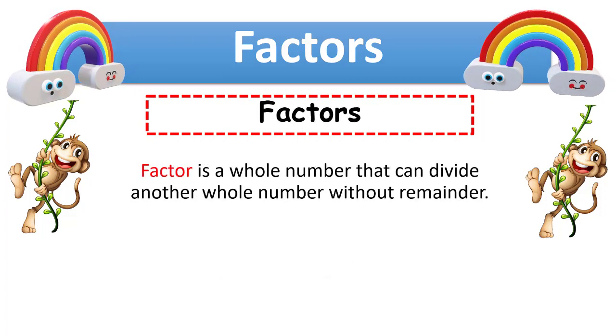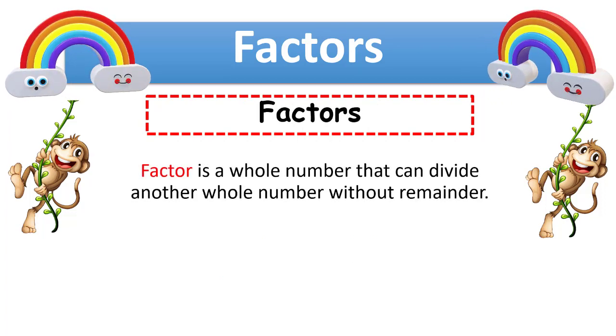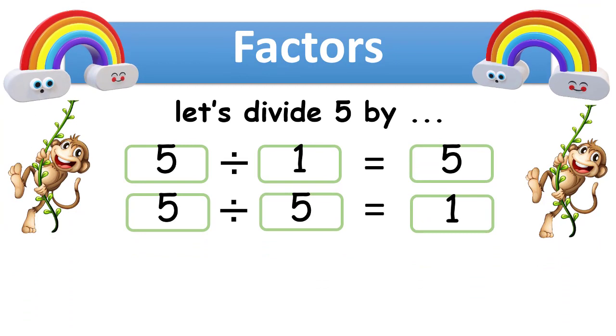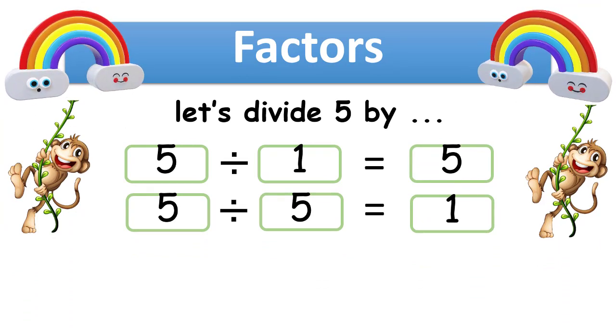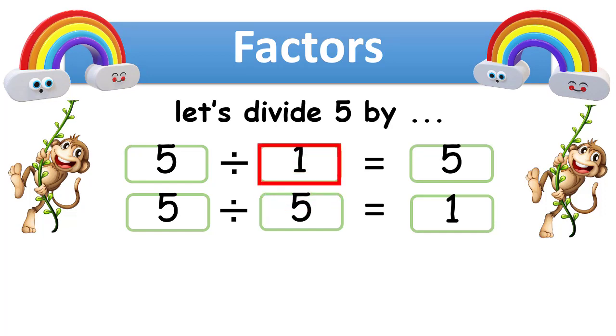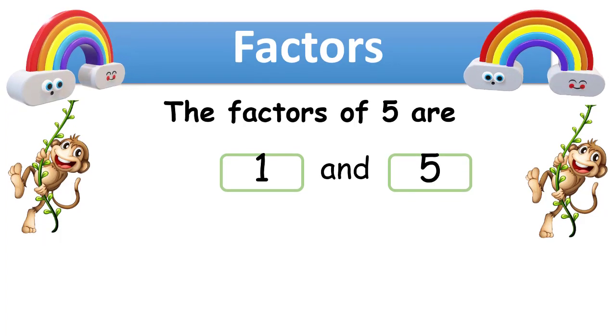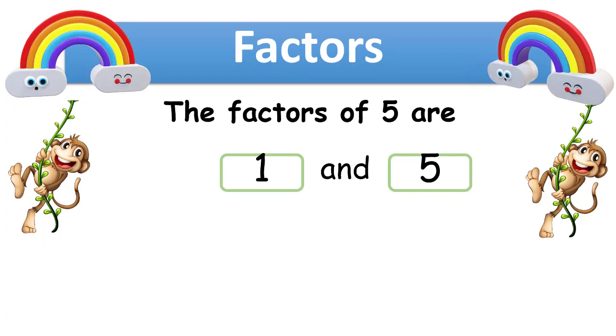Again, a factor is a whole number that can divide another whole number without remainder. Now let's divide 5 by the following numbers. 5 divided by 1. 5 divided by 5. So the factors of 5 are 1 and 5.